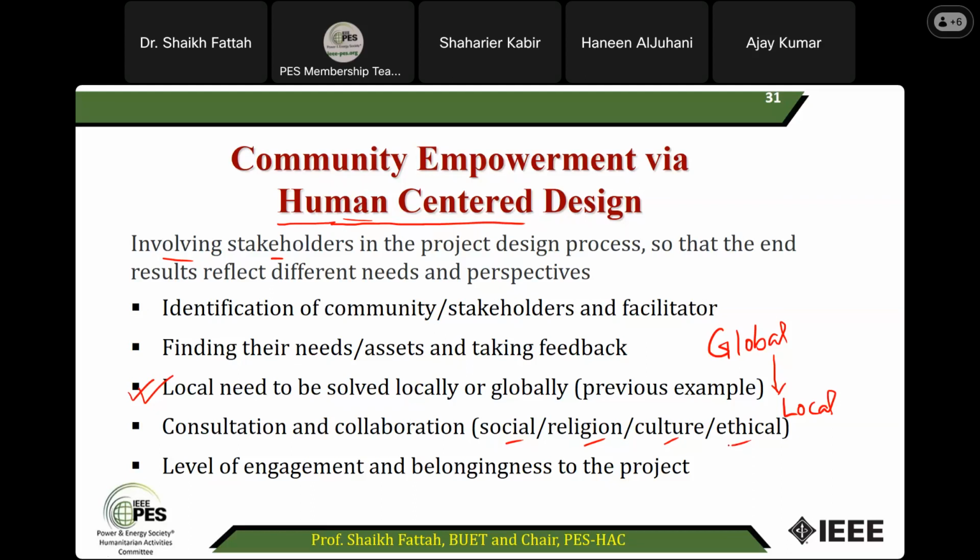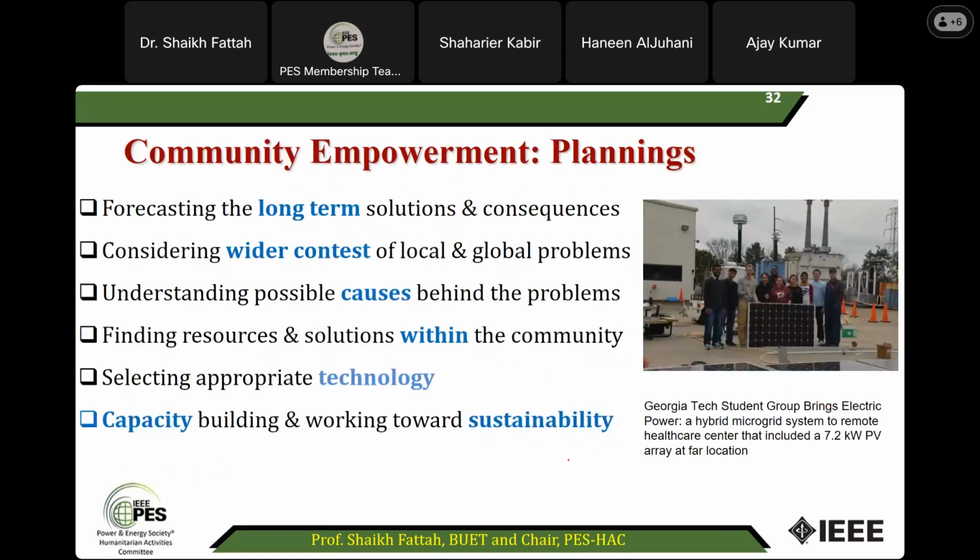So from the very beginning, you must ensure local community engagement, and have the assurance that community people are involved in your design. That's human-centered design.